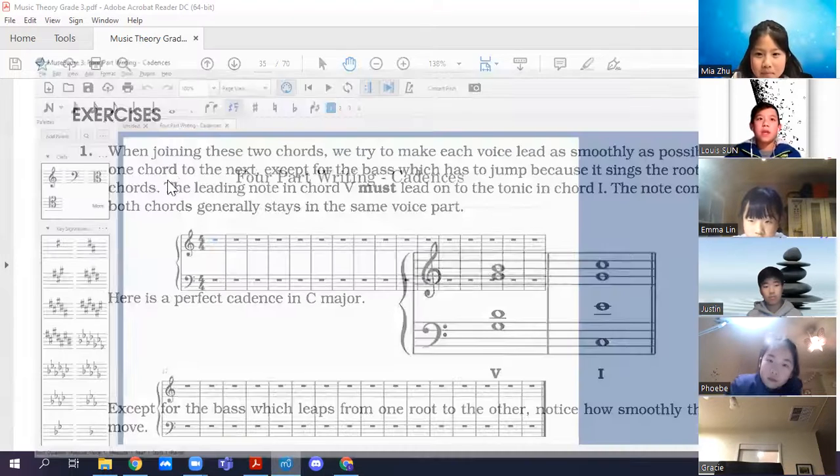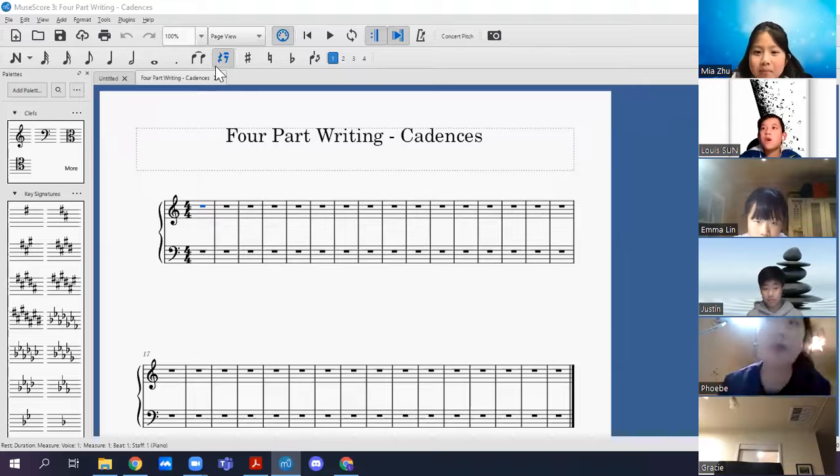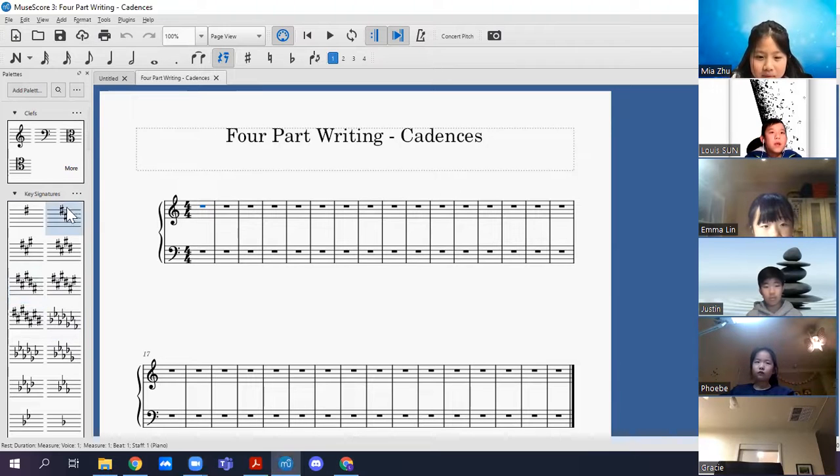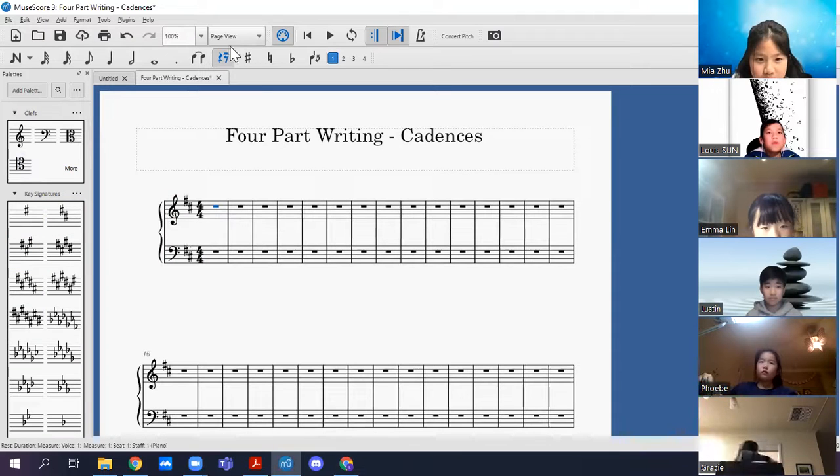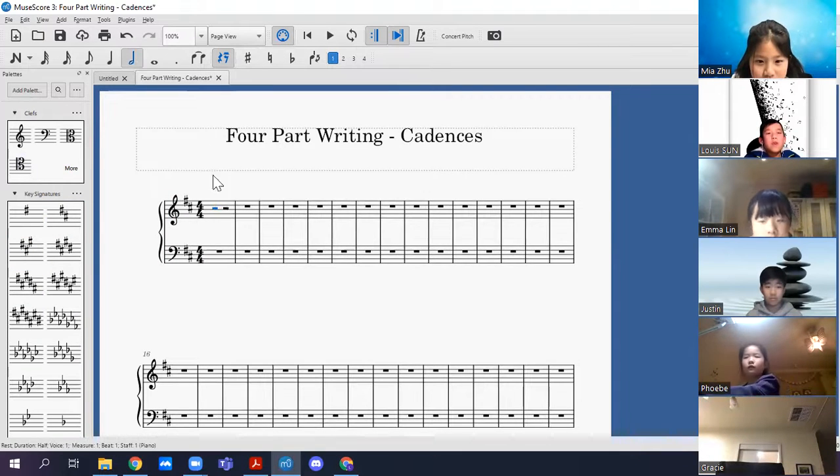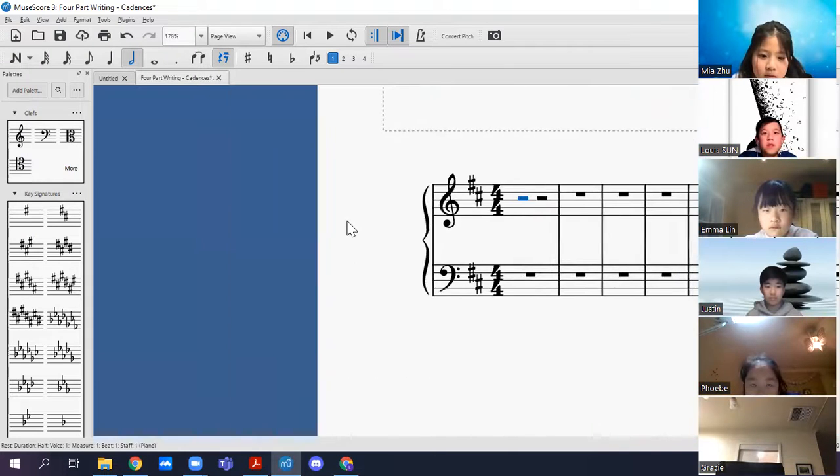Let's have some practice writing some again. Okay, let's do one in D major. Actually, I'll get you each your own workspace.